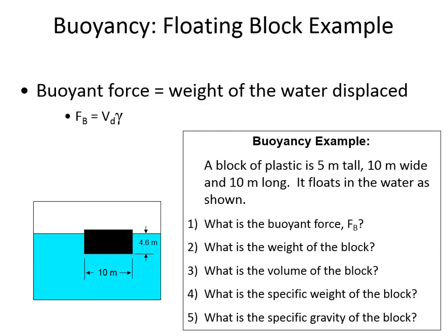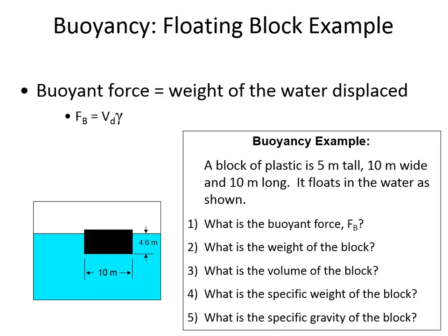All right, here's an example I'd like you to work through, and it illustrates something kind of interesting in the end as we work through these 5 different steps. This is a block of plastic, and it's an enormous block of plastic. It's 5 meters tall, from the bottom edge to the top edge, and then it's 10 meters wide and 10 meters into the page.